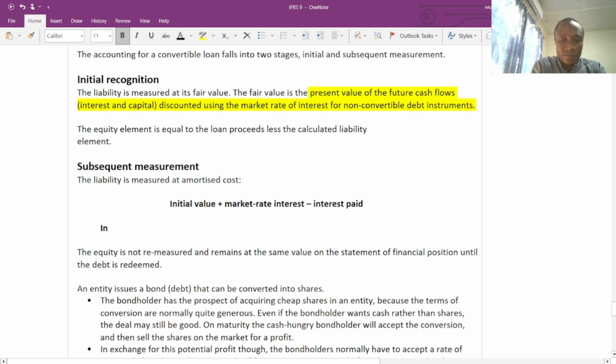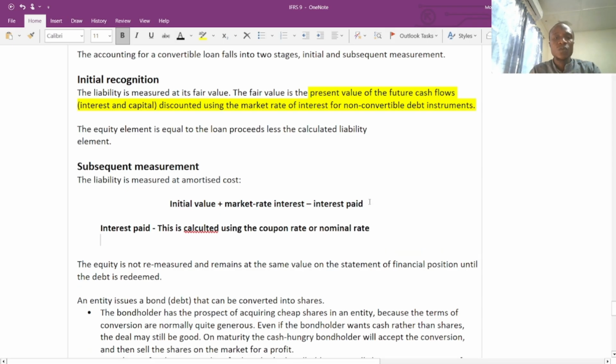Interest paid. Now, when we are talking about interest paid, this is calculated using the coupon rate or the nominal rate.